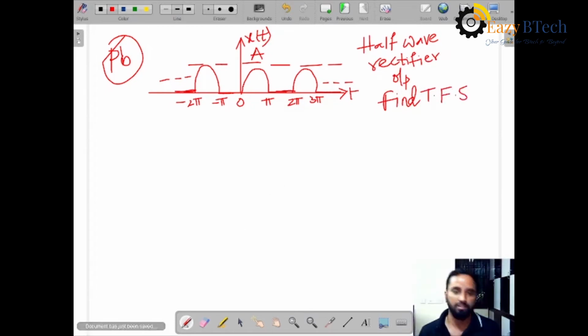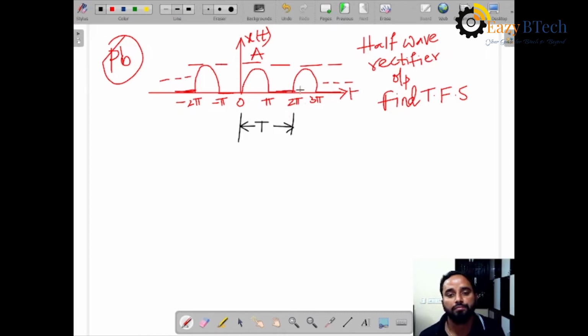So how to do it? Very simple and easy. First we need to identify the time period. So 0 to, where to where? 0 to pi or 0 to 2 pi? 0 to 2 pi, one complete cycle. From 2 pi, the same signal is repeating. So the time period is 2 pi, the fundamental time period.